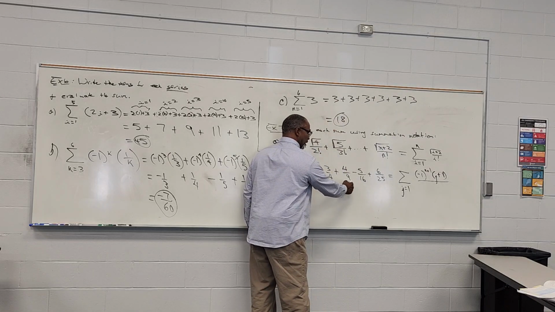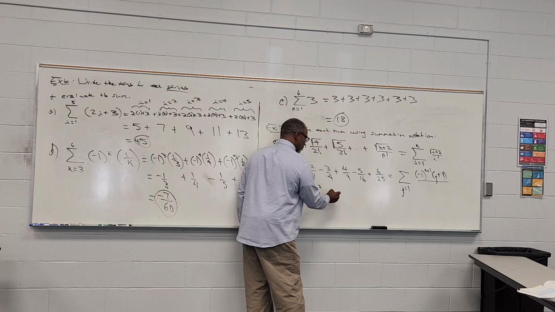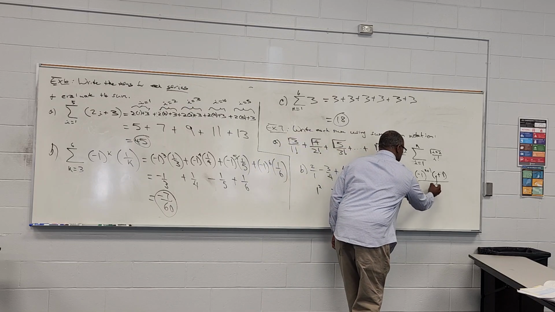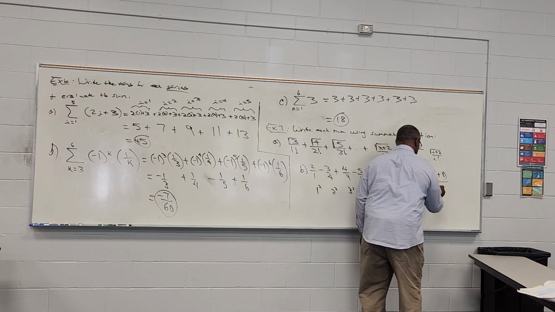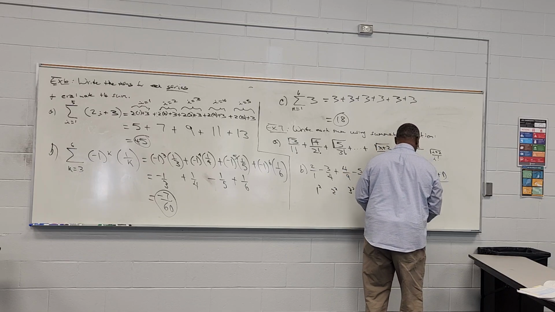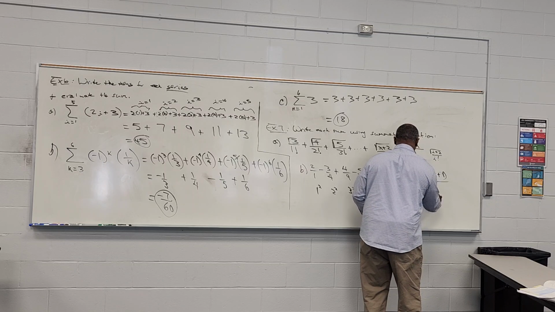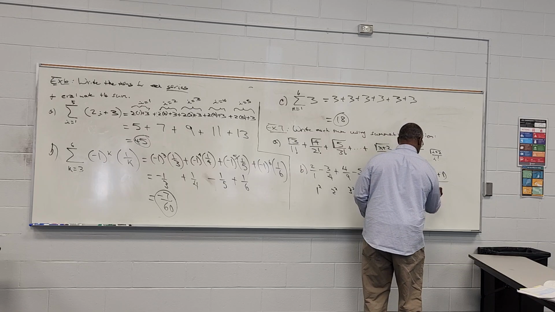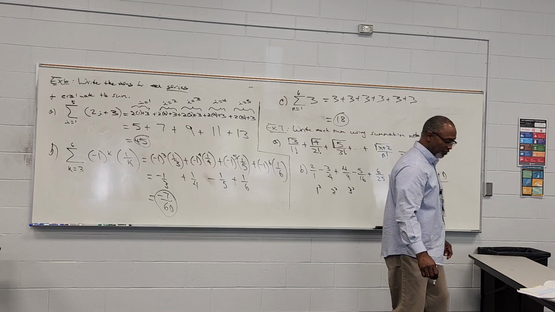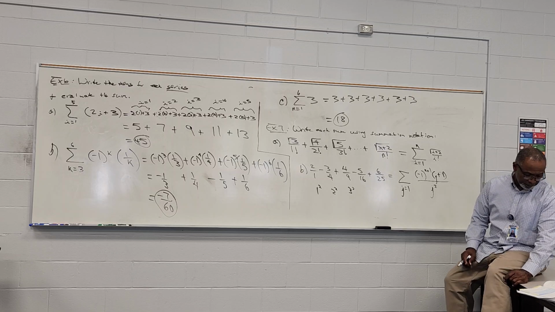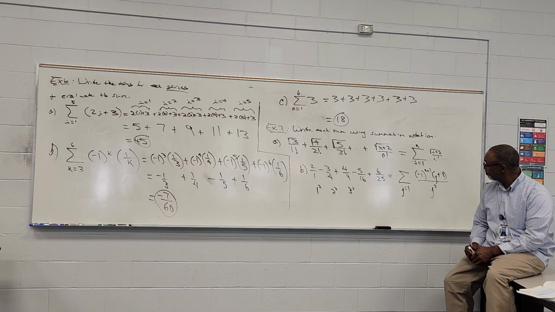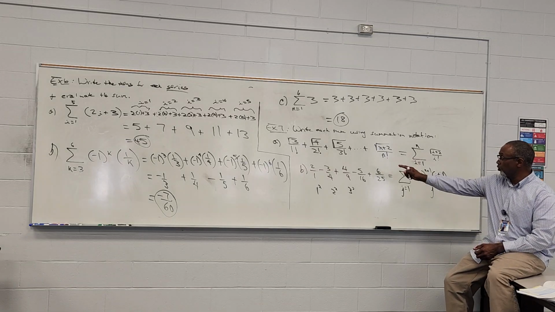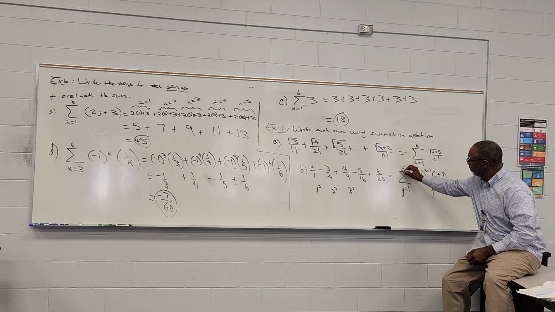Now, 1, 4, 9, 16. 1 squared gives you 1. 2 squared gives you a 4. 3 squared, so this will just be j squared. Okay. So there's our, and again, I need to go 1, 2, 3, 4, 5. So this goes to 5, sorry.